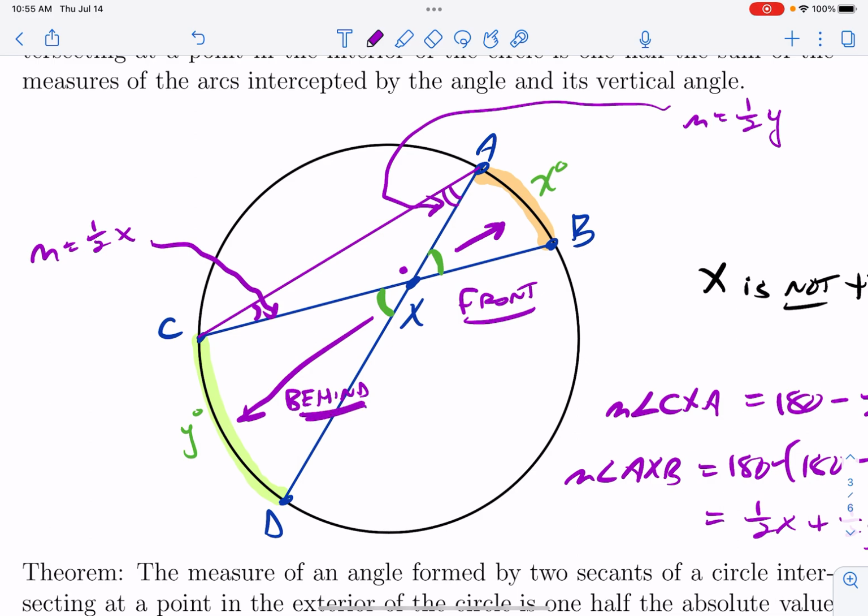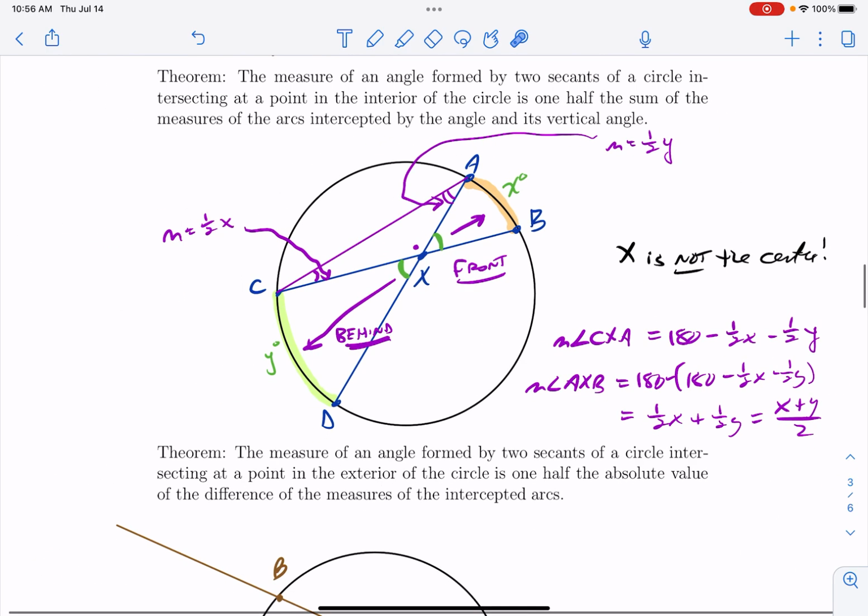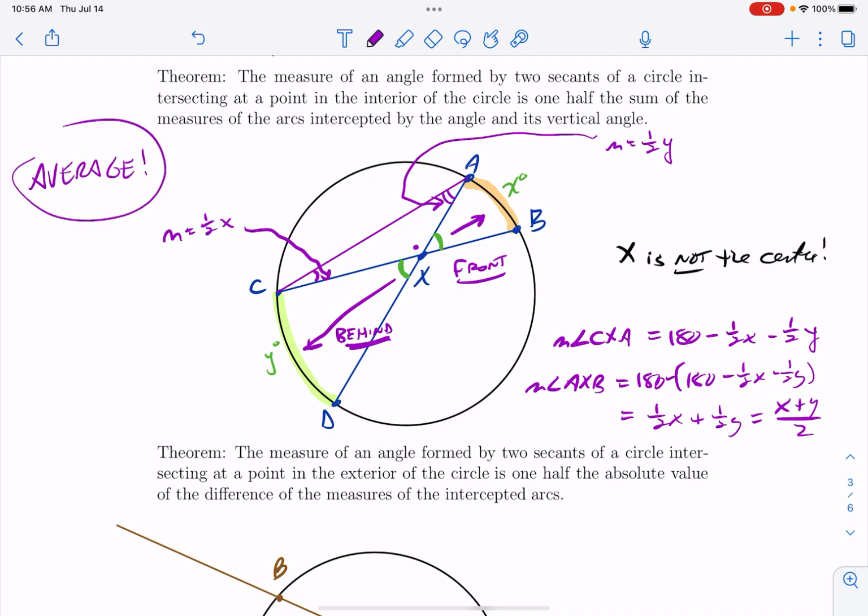If this were a central angle, these would be the same. These angles are the same, but the arcs are not the same because we're off center. So what you do in a case like this is you look at the arc on one side, you look at the arc on the other side, and you average them. Add together and divide by 2. So basically the way to remember this is that it's an average.